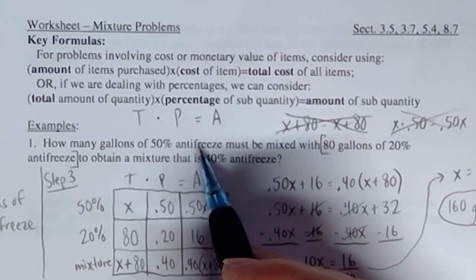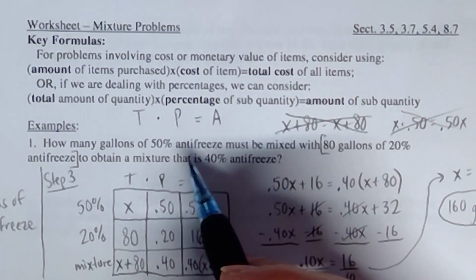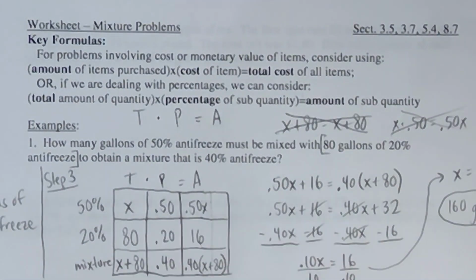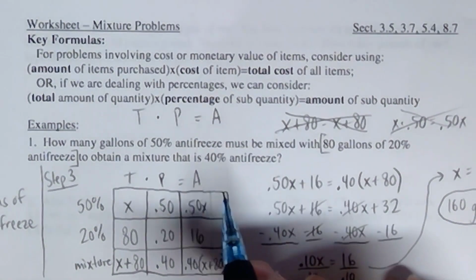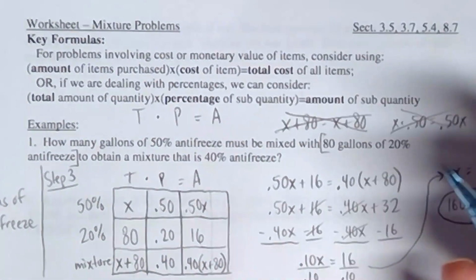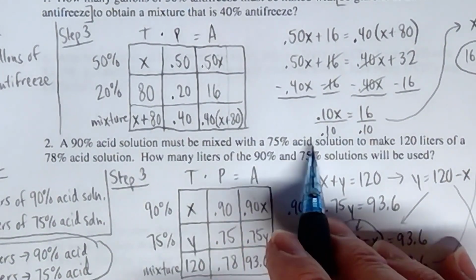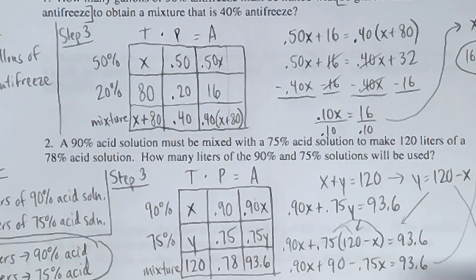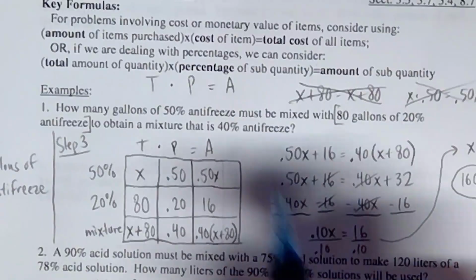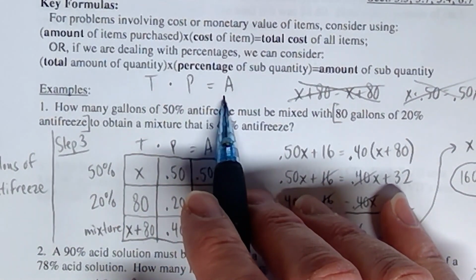For example, 50% antifreeze means that the other 50% was water or chemicals or something like that. And so each of the two items we were mixing had a percentage subquantity, like 50% antifreeze or 75% acid, those kinds of things. And that's when you use this formula here.